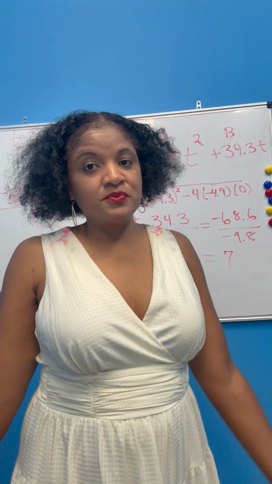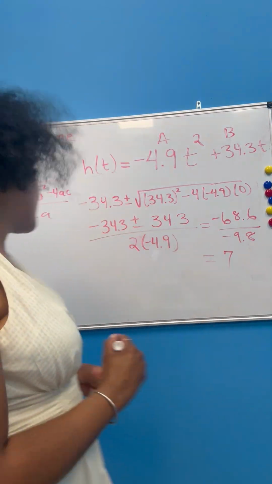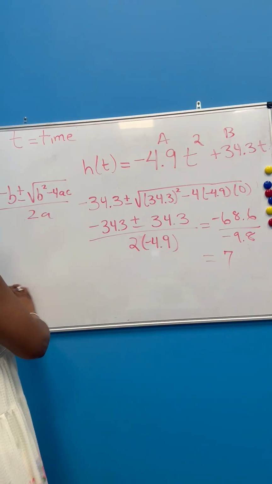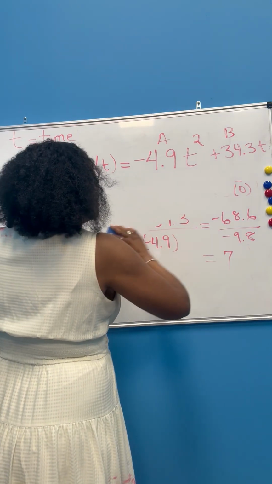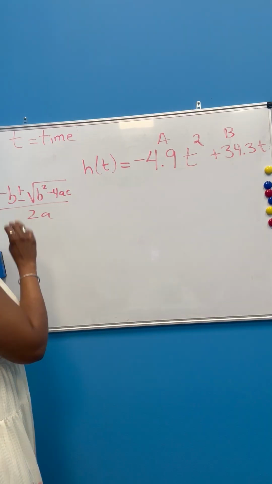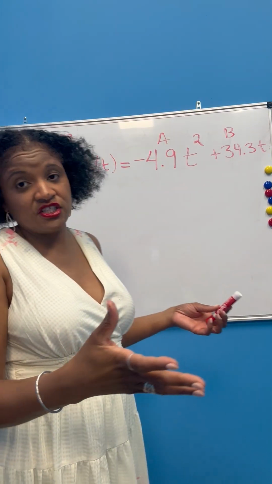Now there was a second question that went along with this. That question says, for how long, to the nearest second, was the object at or above the height of 49 meters? In this case, we're going to see where the function hits 49.